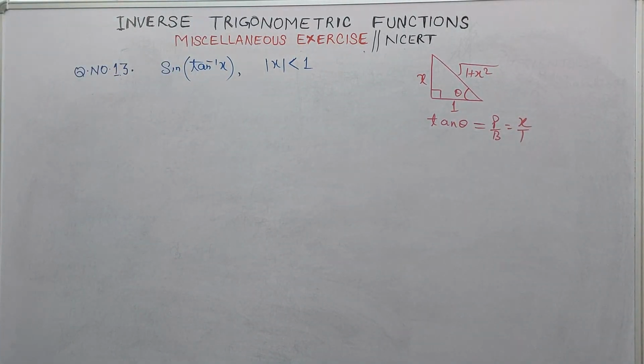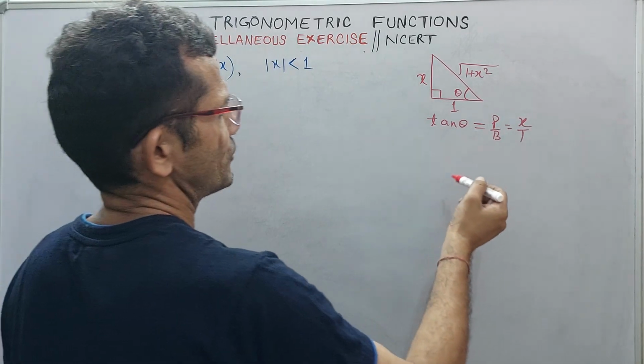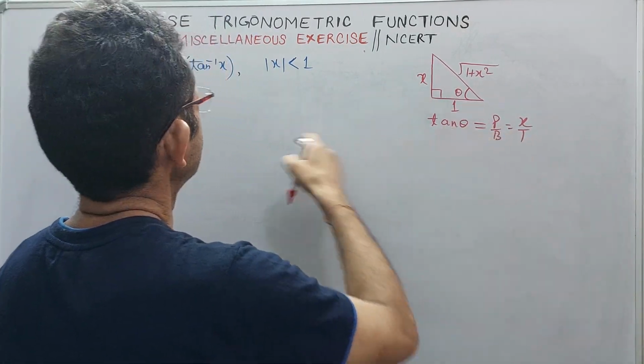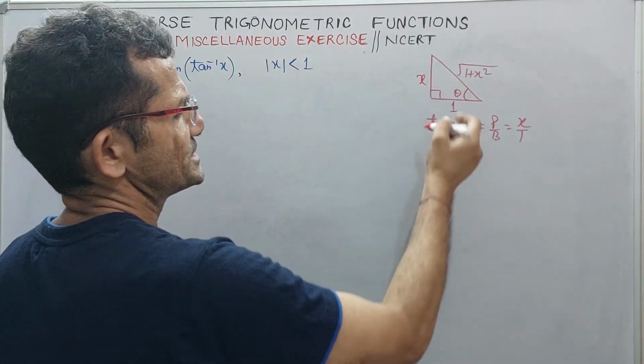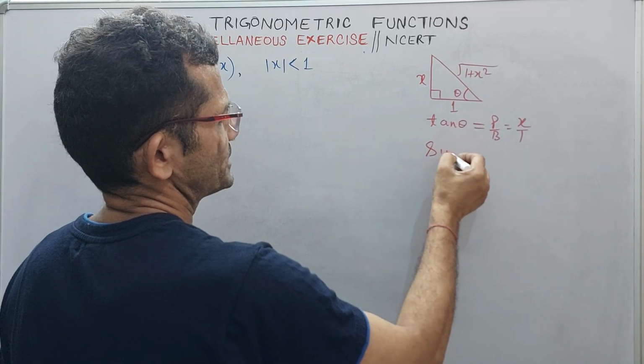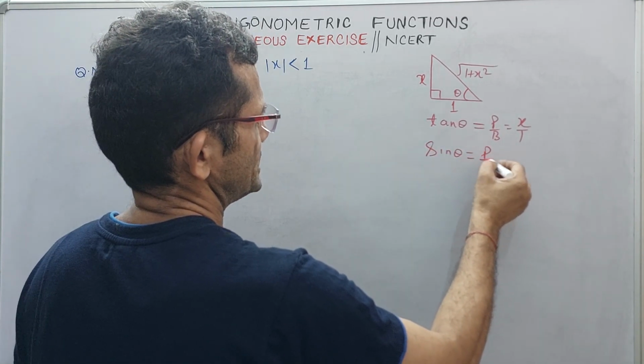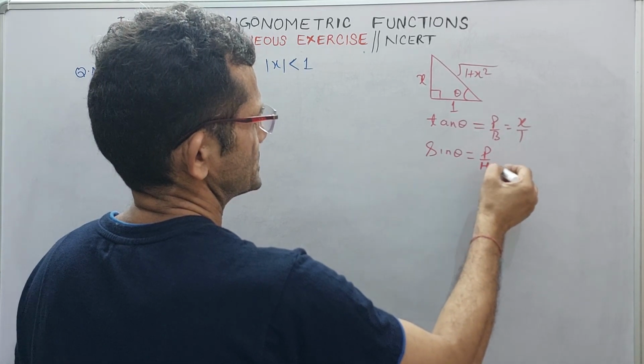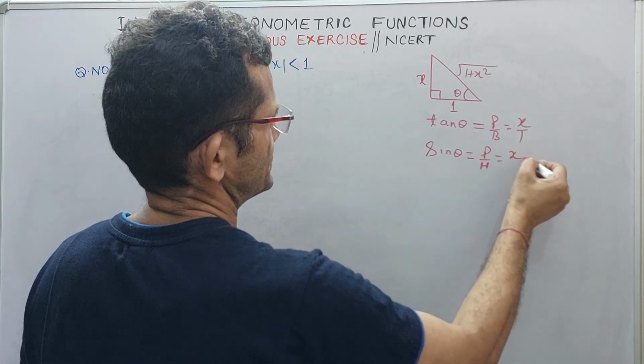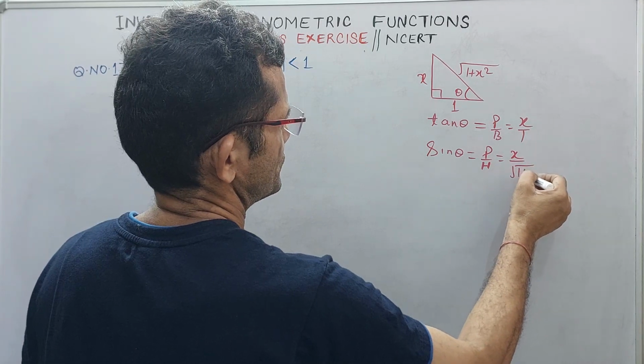So obviously from here we have tan theta, and we need sin theta. Sin theta is equal to p by hypotenuse. Sin theta, our p is x perpendicular divided by hypotenuse root of 1 plus x square.